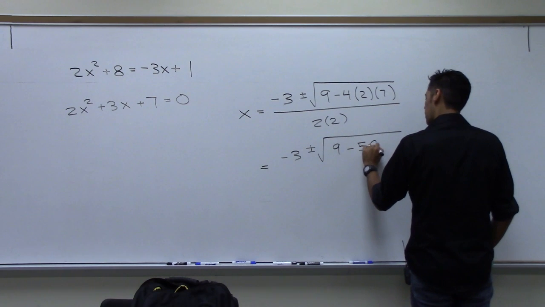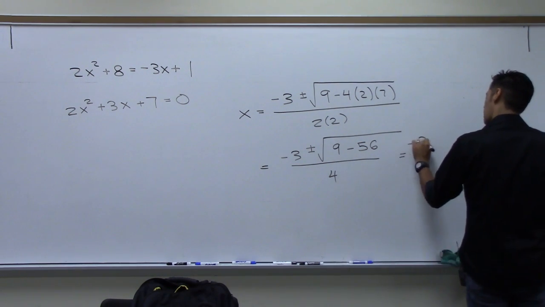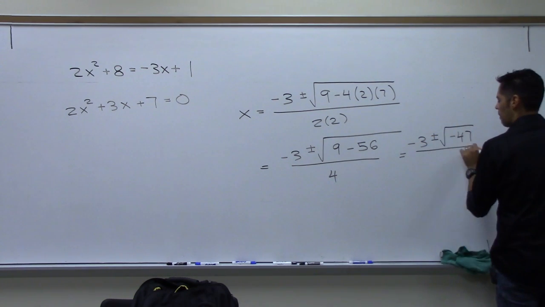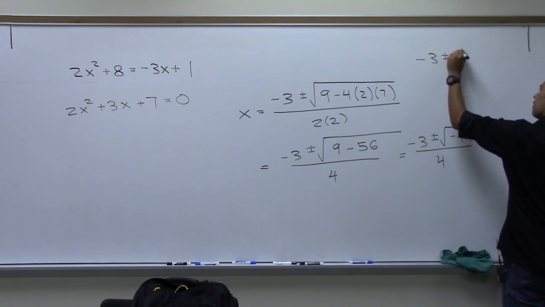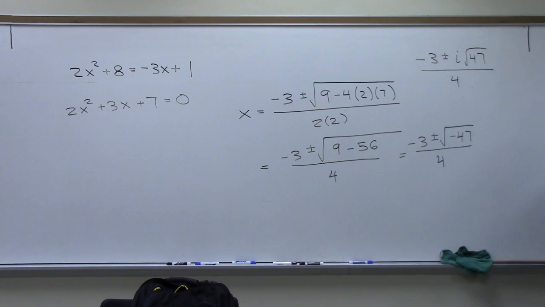Yep. And then I got x equals negative 3 plus or minus the square root of negative 47, over 4. And then my answer was negative 3 plus or minus i root 47 over 4. Is that correct? That's good. Is that not the key's answer?